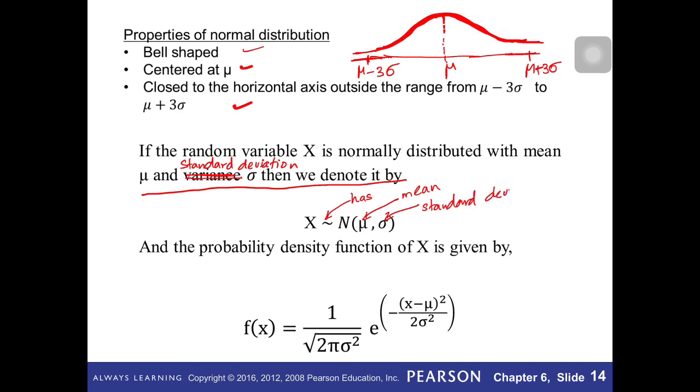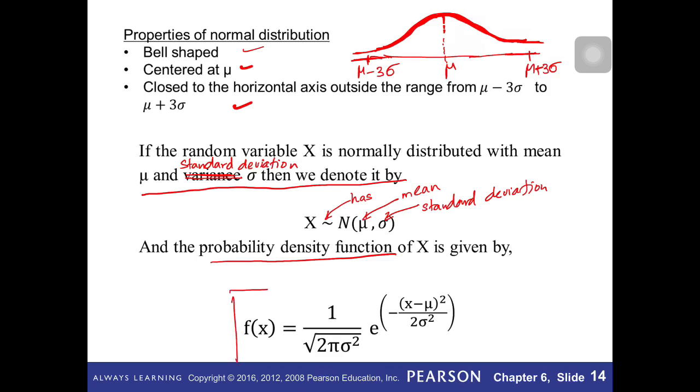That's how we represent a normally distributed variable. X has a normal distribution with mean mu and standard deviation sigma. Clear? And this normal distribution has a density function or density curve.